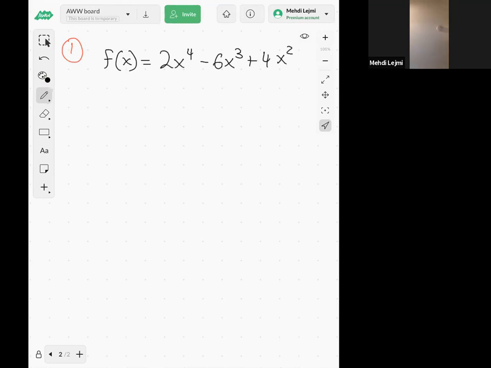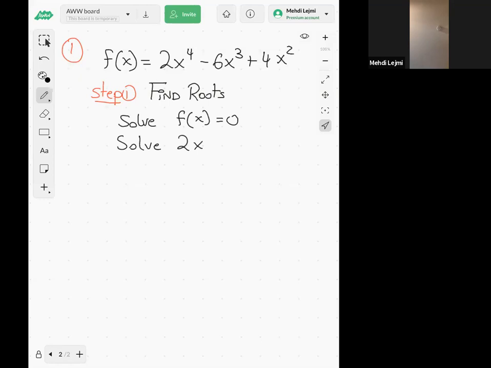So first we said we have to find the roots. So step one: we have to find the roots, right? So we have to solve f of x equal to 0. So we have to solve 2x fourth minus 6x cubed plus 4x squared equal to 0, right?